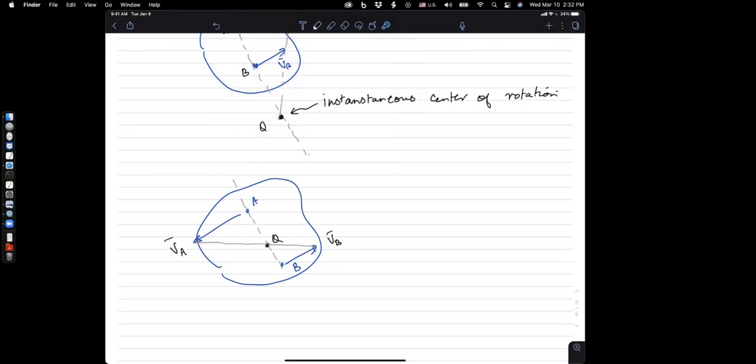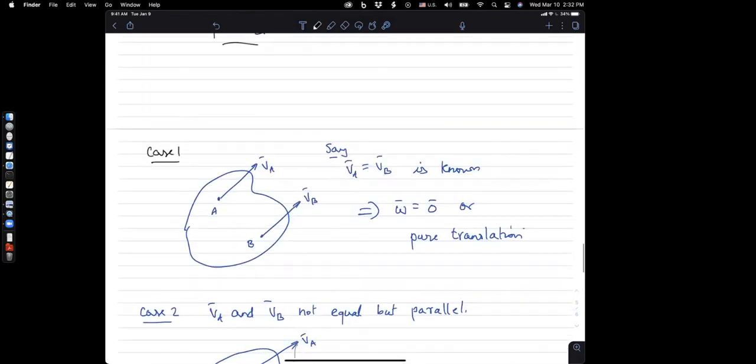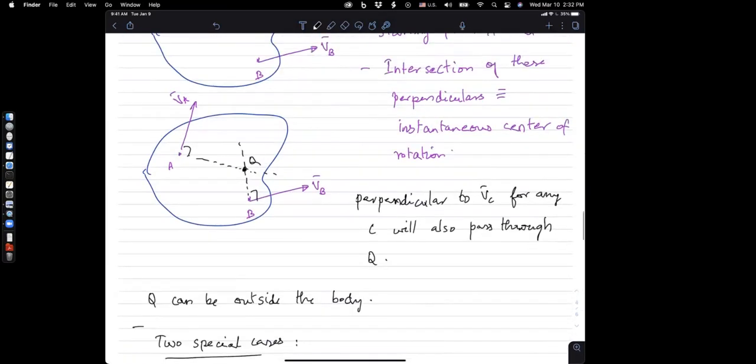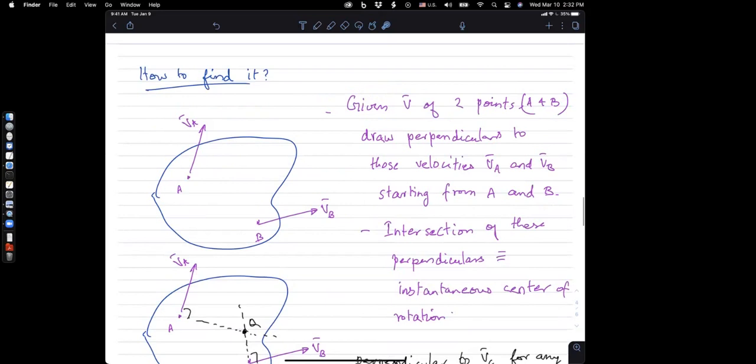But yeah, cool. And then Ian asks, velocities don't have the same magnitudes for this more general situation in order to find the instantaneous center of rotation. That's right. In this situation, these velocities need not be the same magnitude. They can be whatever magnitude. You just draw the perpendiculars.